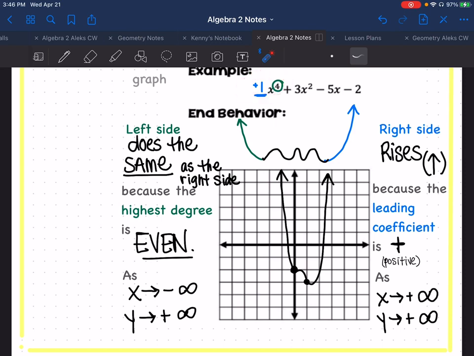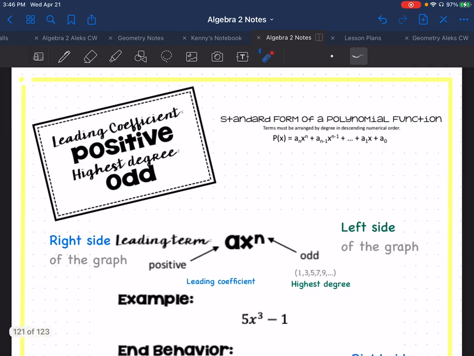All right, so what happens when my leading term is positive still and my highest degree is odd? Remember, we're still going to be looking at this leading term, and you have to make sure you're in standard form, which means we are in descending numerical order with our exponents.